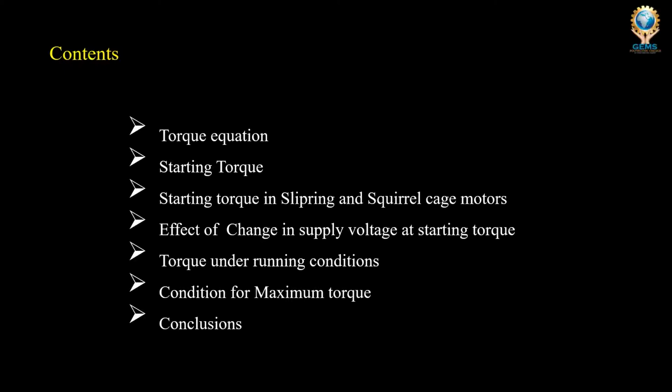We are going to see the effect of change in supply voltage at starting torque, and then torque under running conditions also. Finally, we will see some conclusions from these derivations of the torque equations.